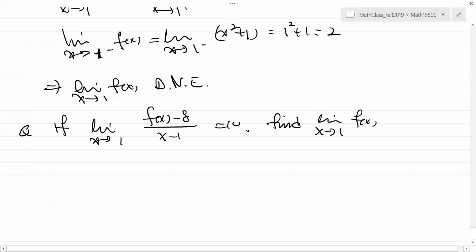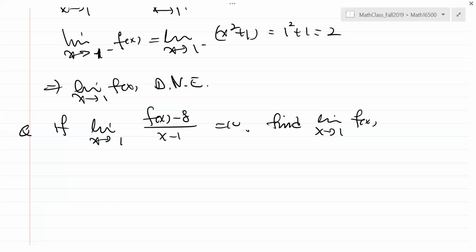So clearly, how do we solve this problem? Have you any ideas? What is the possible value for this? Right, x approaches 1, so the denominator approaches 0.